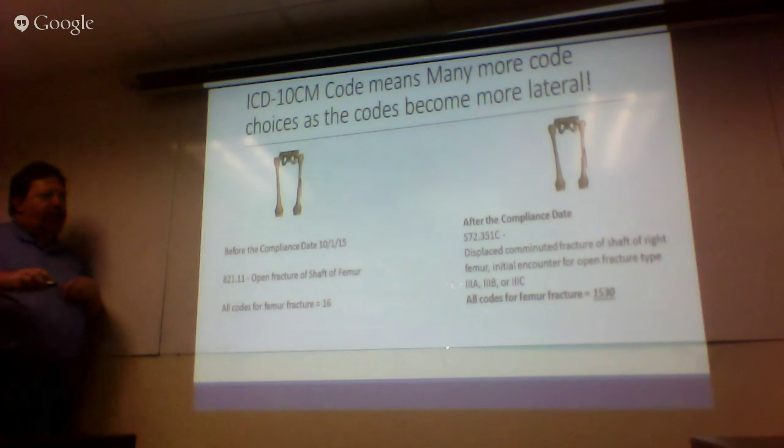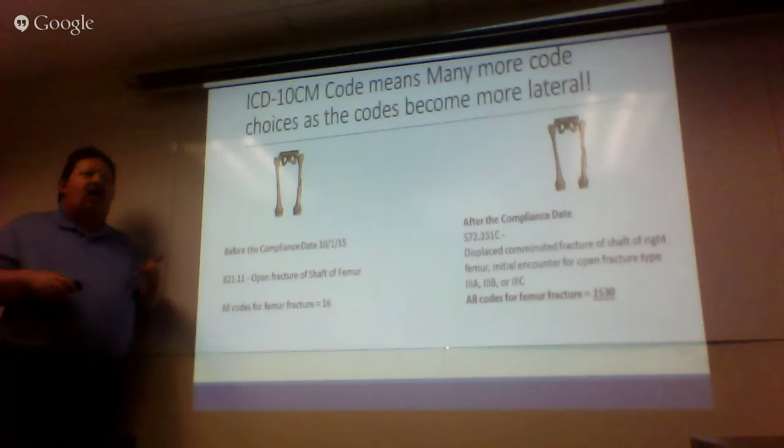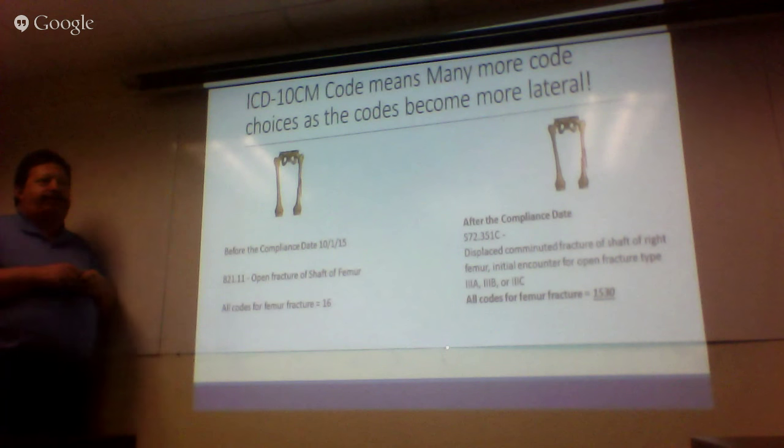These little fracture numbers here are driving orthopedic doctors crazy because they have to document the type of fracture it is now. Not just that it's broken and comminuted, but what classification of fracture. But again, this will allow us in the future to reimburse at a higher level.